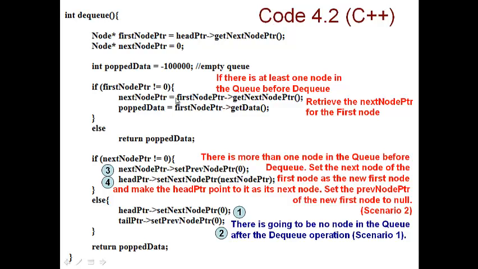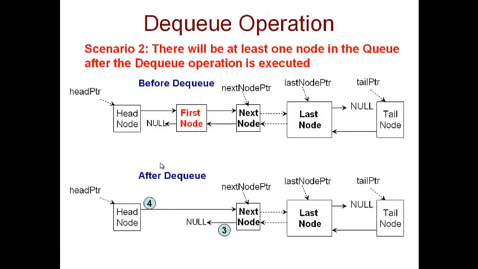Now, if the next node pointer is not null, that means there's going to be at least one data node after the dequeue. The next node pointer stores the address of the node next to the first node, so you want to now isolate the first node. The head node's next node pointer can be set to the value of this next node pointer, and the next node's previous node pointer can be set to null, because that way you have isolated the first node both in the forward as well as in the reverse direction.